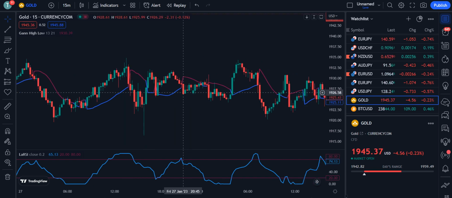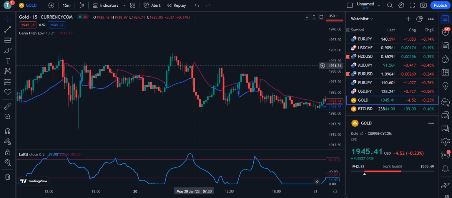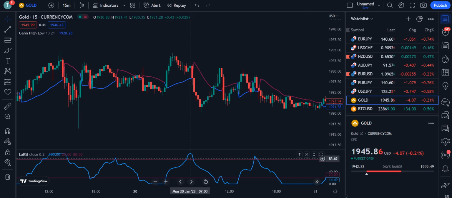But for the bearish signal, we have to wait for this indicator's line color to change from blue to pink. As we can see from here, it has changed, so we are going to have red candles in the market as well. Whenever you see this line color has changed, you have to confirm it by looking here, as the market has gone to the overbought level.